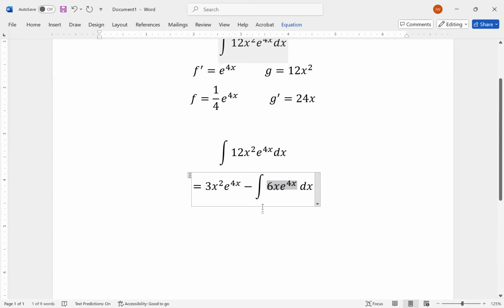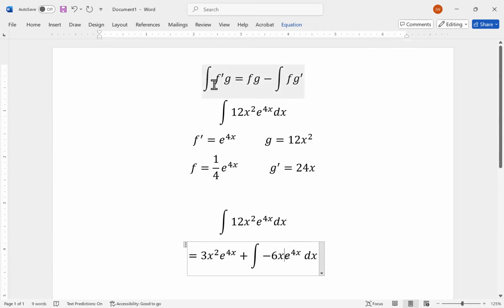Now, what I typically do is take this negative sign and distribute it on the inside. And I'll call my polynomial negative 6x. And then I have this exponential function e to the 4x. And I'm going to do another integration by parts just on this piece.